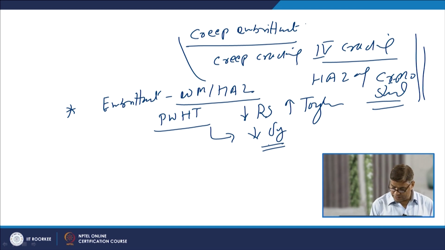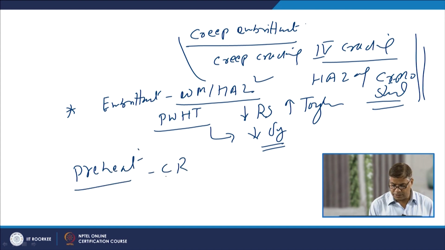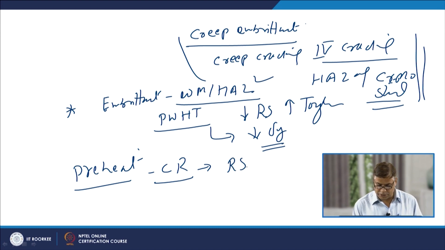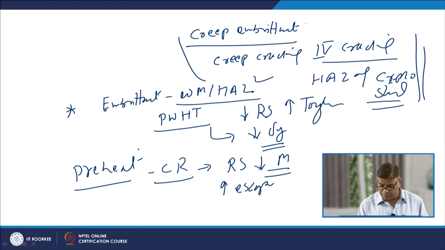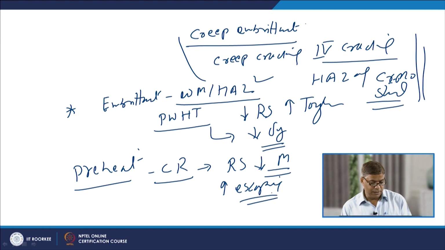Then there is another aspect: in order to control embrittlement due to high hardness martensite formation, we may use suitable preheat. Preheating helps to reduce the cooling rate, which in turn helps in reducing residual stress formation and the hardness of the martensite which will be formed, and it also helps the easy escape of hydrogen if it was there in the weld as well as the heat affected zones.